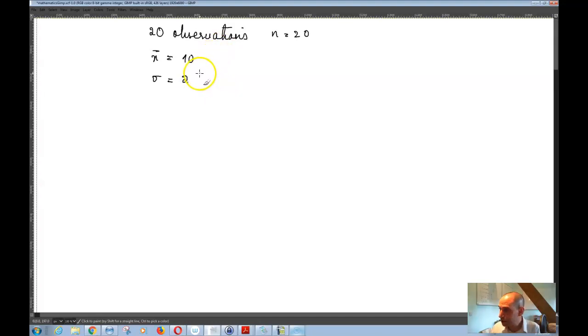Now it says that on checking it was found that an observation 8 was incorrect. Calculate the correct mean, the correct X bar, and basically sigma.